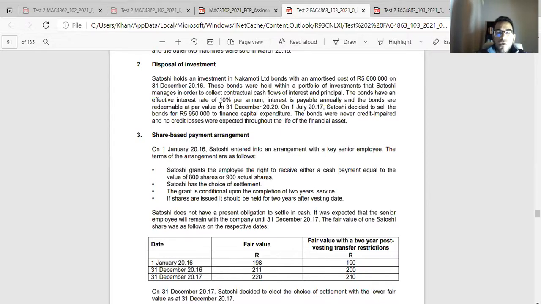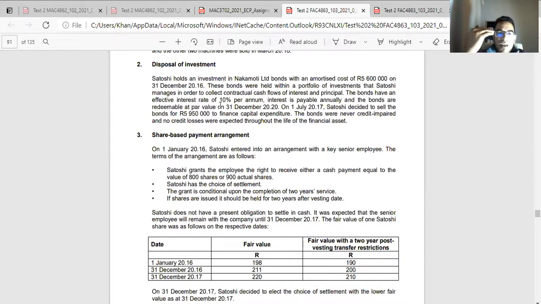So the way we're going to deal with that is we take the present value at 31 December 2016, which is that 5.6 million, and we work out 10% interest for 6 months. Whatever 10% interest is for 6 months, that is going to be the interest income we earned, and we will capitalize that to the asset.